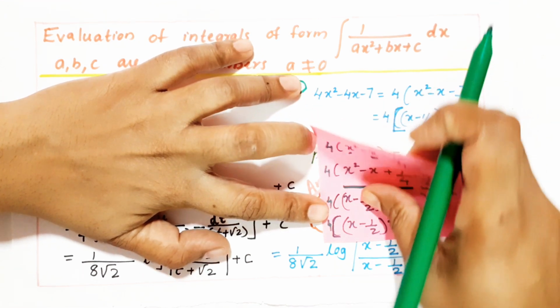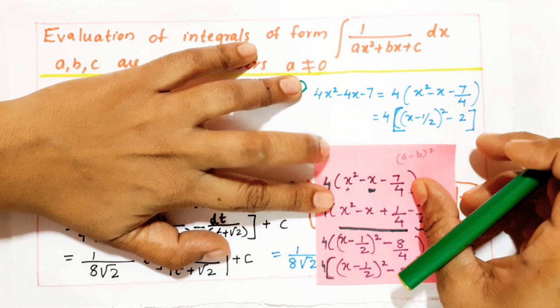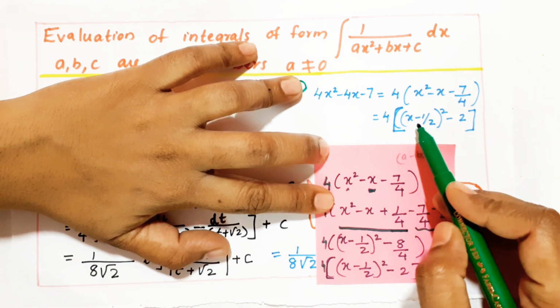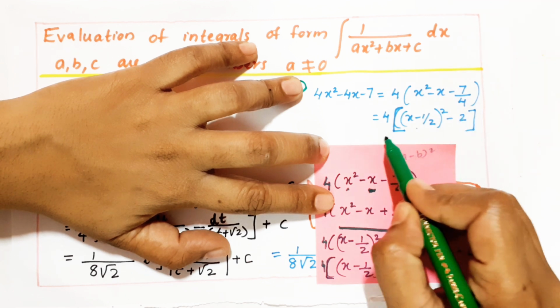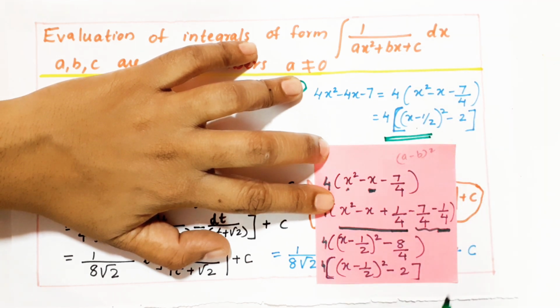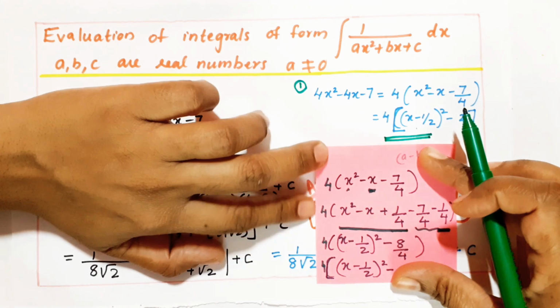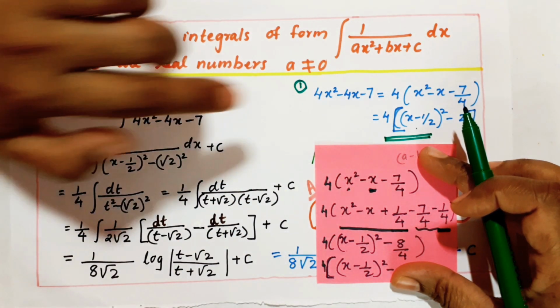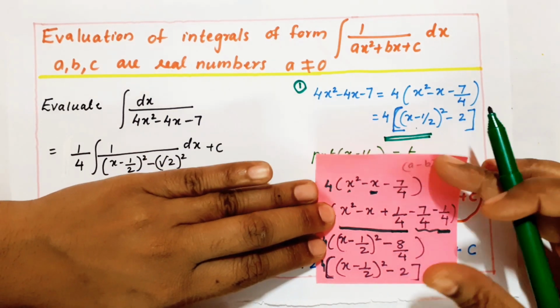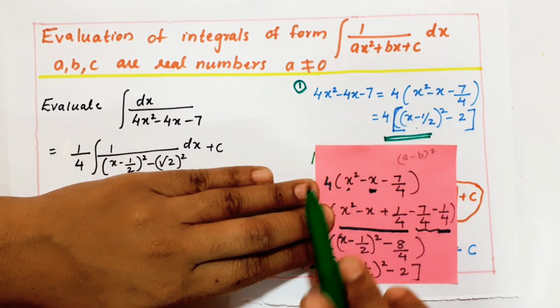So you check it here. I have written here the term 4 into x minus 1 by 2 the whole square minus 2. I did not write the middle steps; I showed them like this. So I'll repeat what I did first. I have taken the term in the denominator. From this, I have taken 4 common.